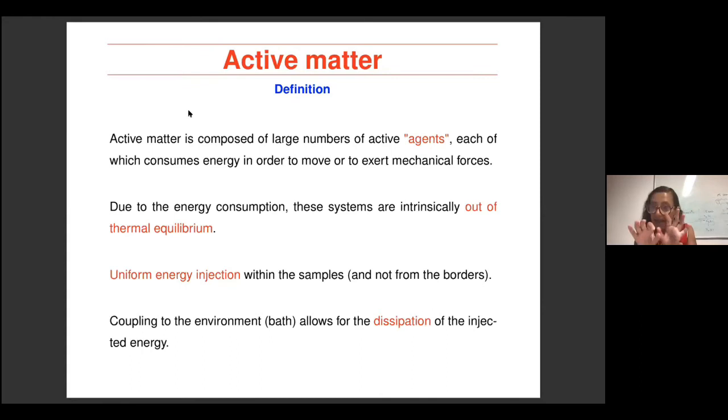Here it is the agents themselves, each of them, even in the bulk, which are getting this energy. So it's a kind of uniform energy injection. And, as I said, they're also coupled to a bath in the usual sense of being able to dissipate part of the injected energy into the bath. So this is a general setting of active matter systems.